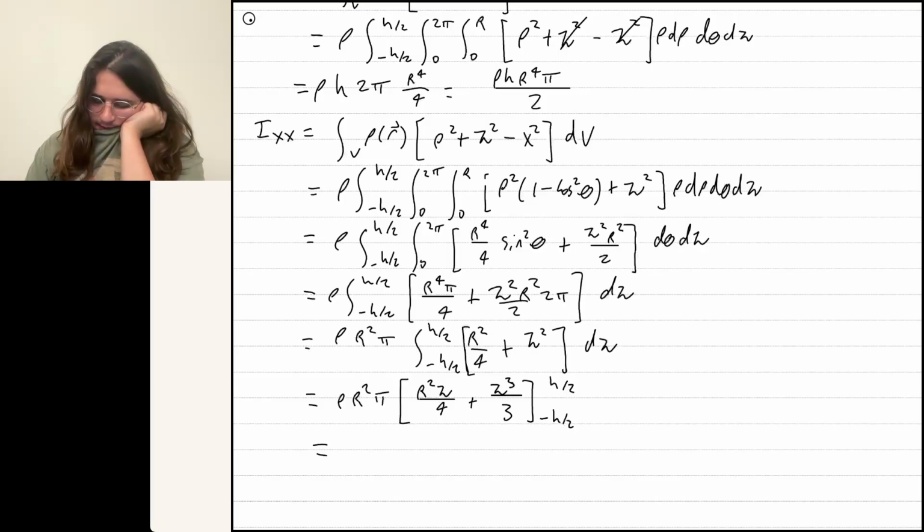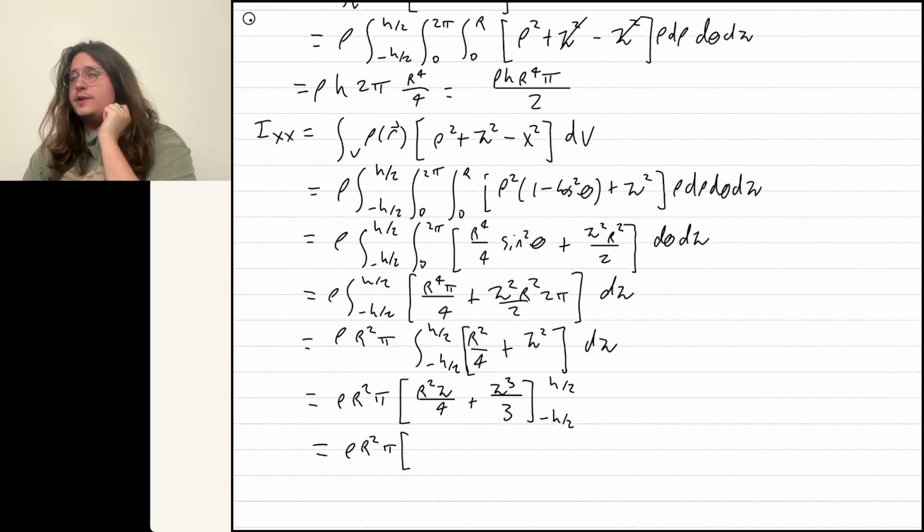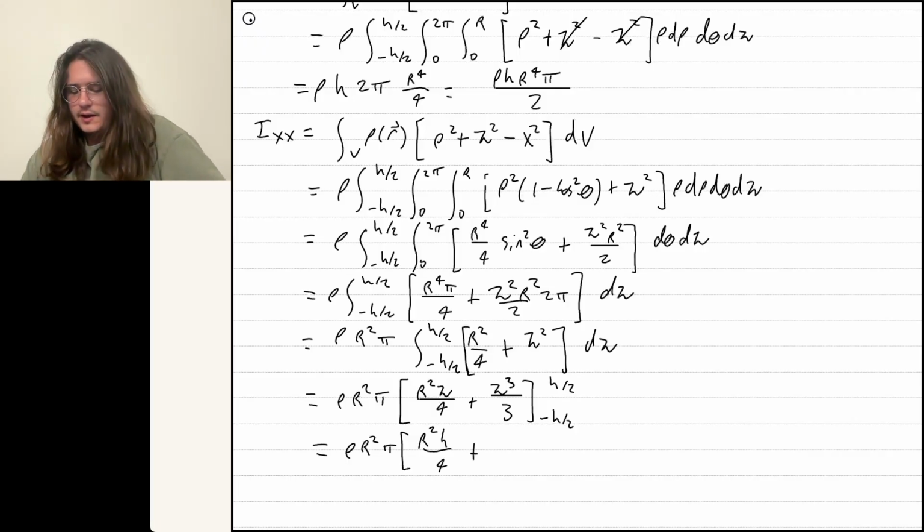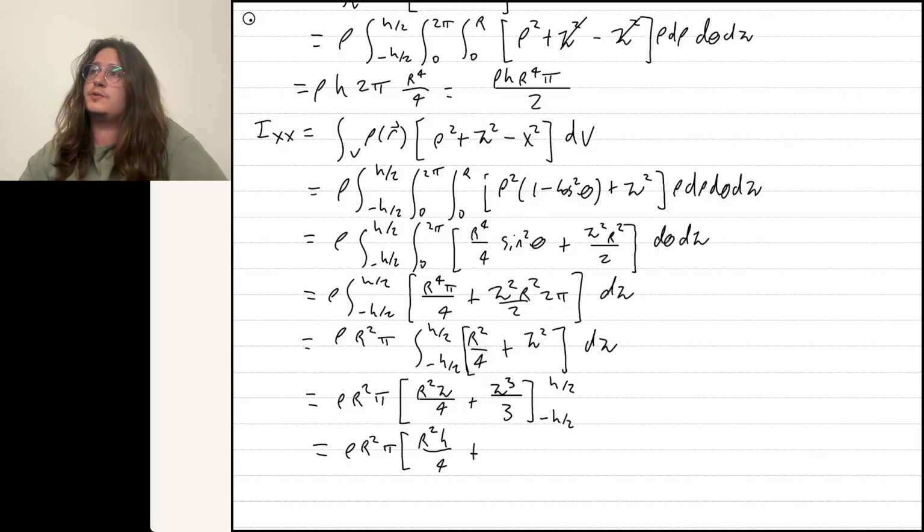So just evaluating at the endpoints now, we've got r squared over 4 times h over 2 plus h over 2, so r squared h over 4 plus, and then it's h over 2 cubed goes like h cubed over 8, and 3 times 8 is 24, and then they add up, so you get h cubed over 12. Yeah, h cubed over 12. Cool.